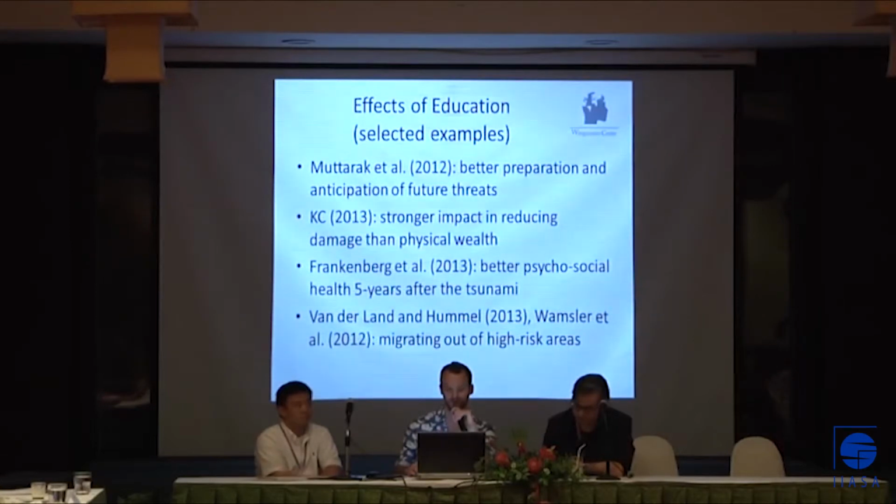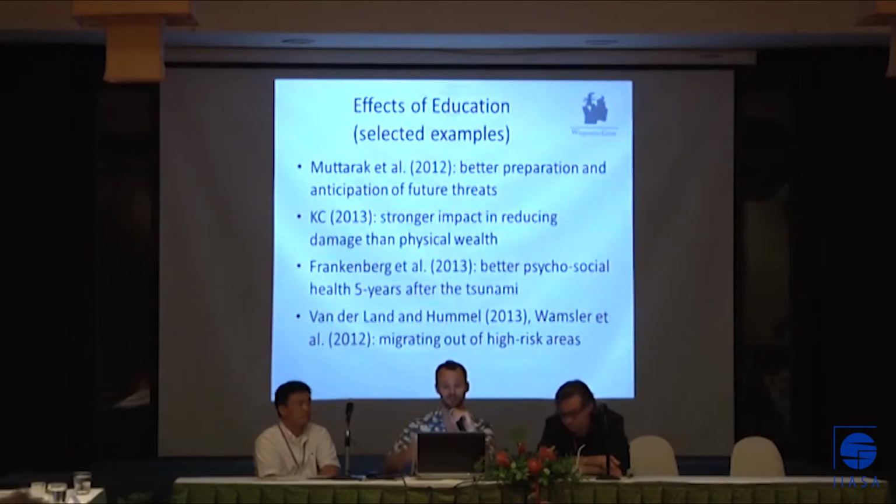Frankenberg et al. were looking at pre-tsunami and post-tsunami Sumatra and found that 5 years after the tsunami, the more highly educated are actually also of better psychosocial health. So this is another important dimension of coping.